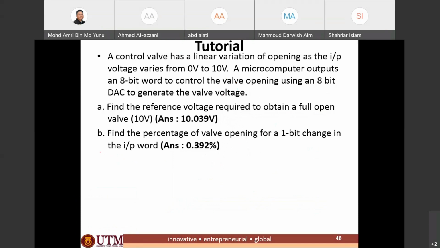A microcontroller controls a valve through a digital analog converter. It has a reference voltage VR and V out.